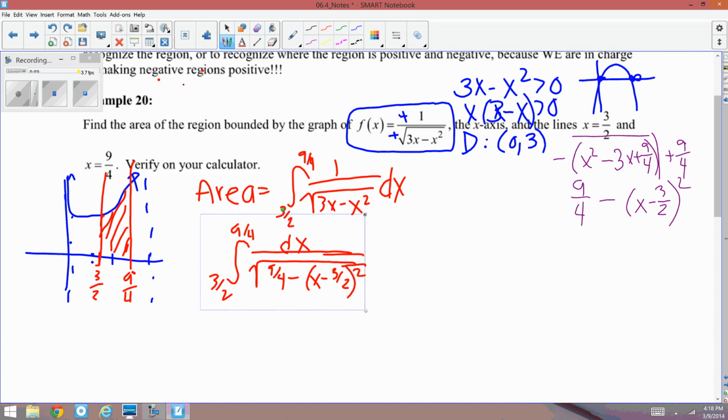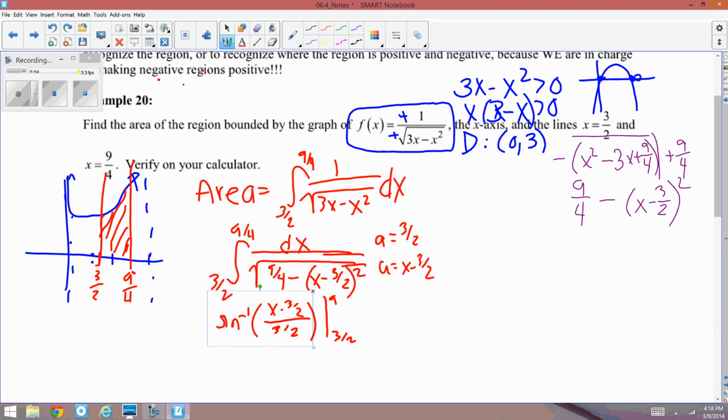If this was the case, a would equal 3/2, u would equal x minus 3/2, and du would be just dx, so we're good there. Now I just use my formula: inverse sine of u over a, so x minus 3/2 over 3/2, and I'm going to evaluate this from 3/2 to 9/4.